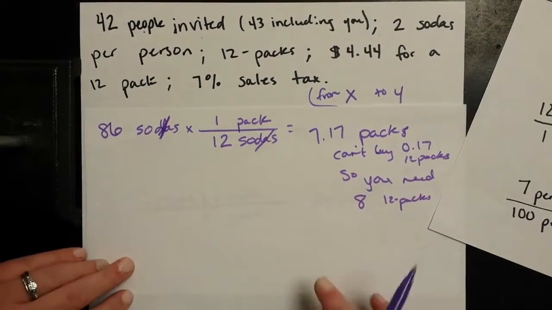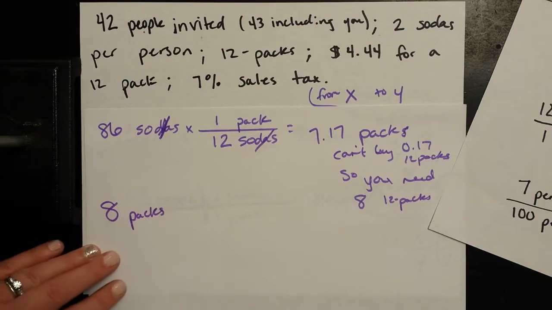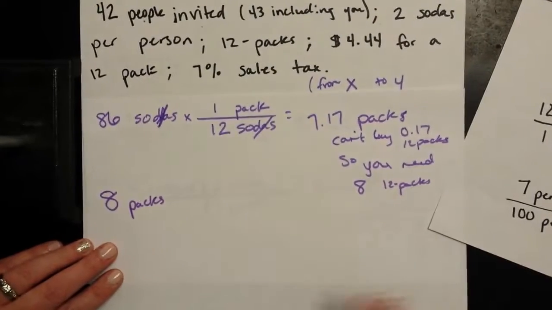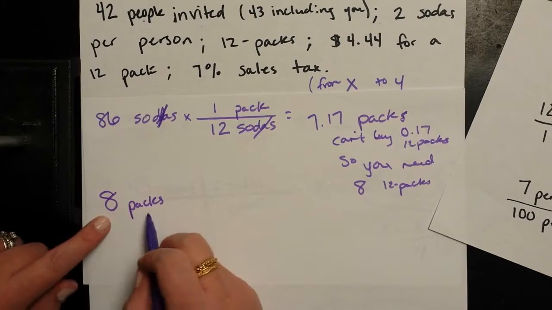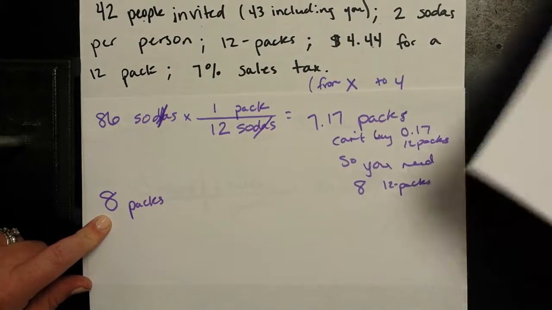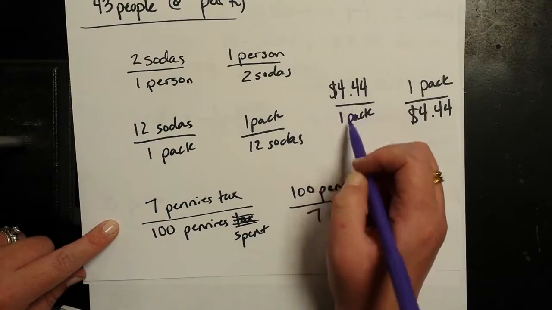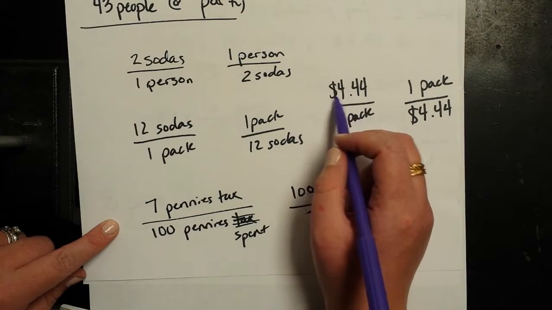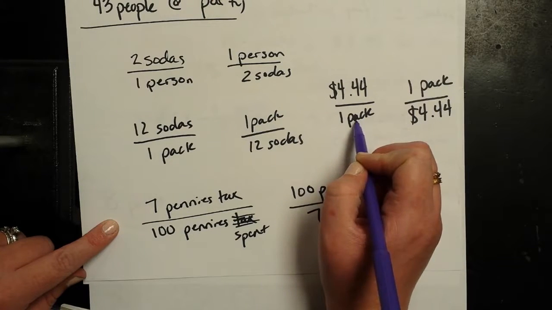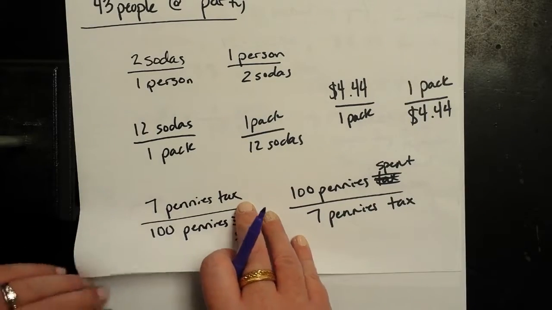All right, well, if we need 8 12-packs, we can see how much money that should cost us before tax. Okay, 8 12-packs, if each pack costs $4.44. I've got this relationship here: if I'm spending $4.44, I'm buying 1 12-pack of soda. If I'm buying 1 12-pack of soda, I'm spending $4.44.